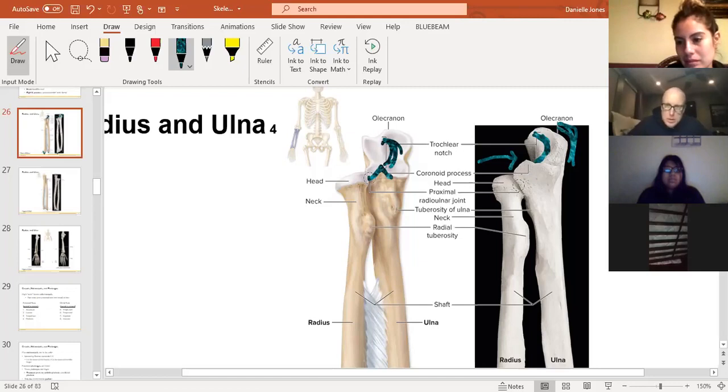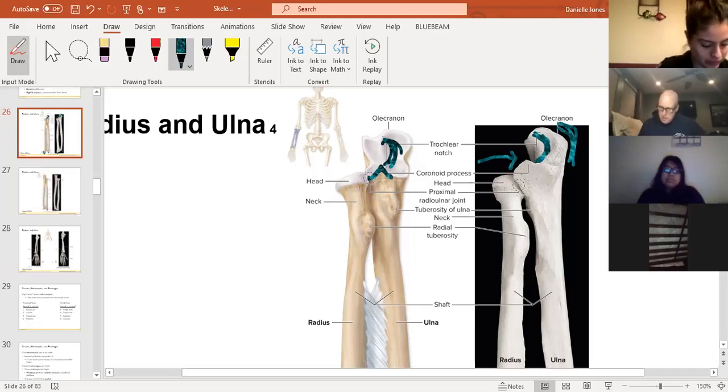Oh, it just fits so magically in there. And it's going to extend like that, and then it just lines right on up. That's why the fossa is so big, to be able to take in the olecranon process. Gotta love anatomy. The olecranon process goes into the olecranon fossa.